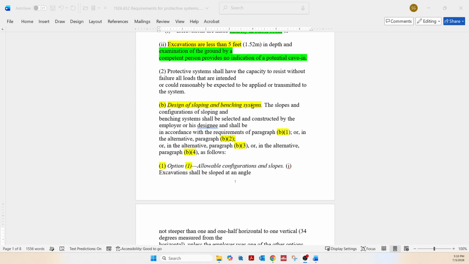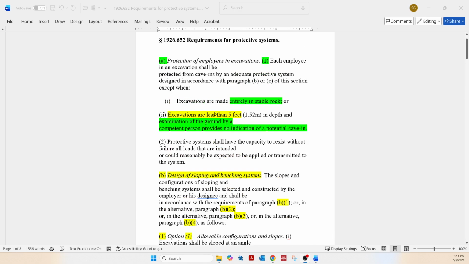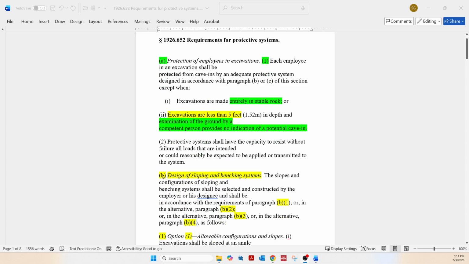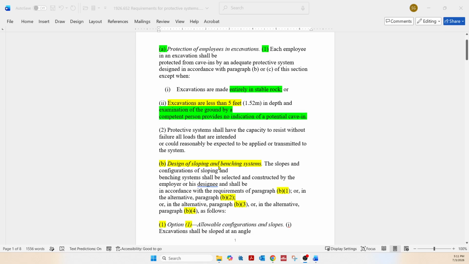Number 4, 1926.652 requirements for protective systems is essentially broken down into two main sections, paragraph B and paragraph C. Okay, paragraph B right here, that's designs for sloping and benching. Where did I lose it? Required protection broken down to two sections.